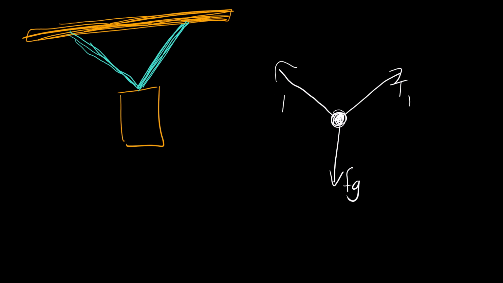Our next scenario, we have an object which is connected by two ropes. What is the free body diagram of this object? We have our gravitational force, and you may see this is tension number 1, this is tension number 2.